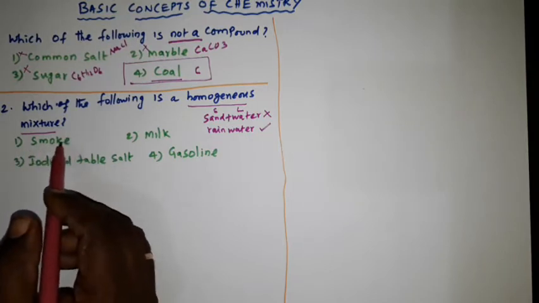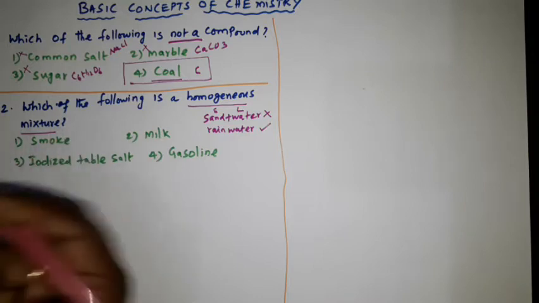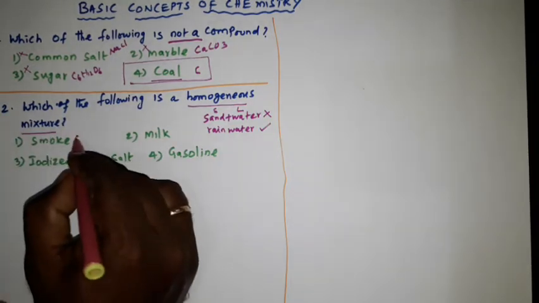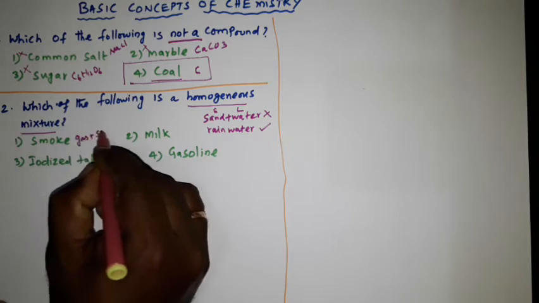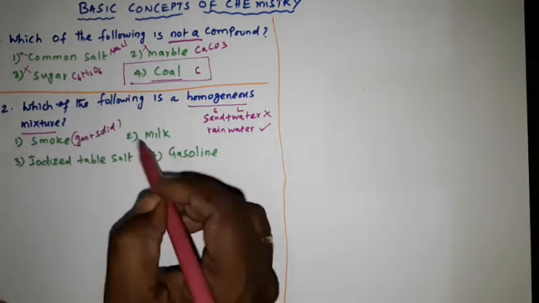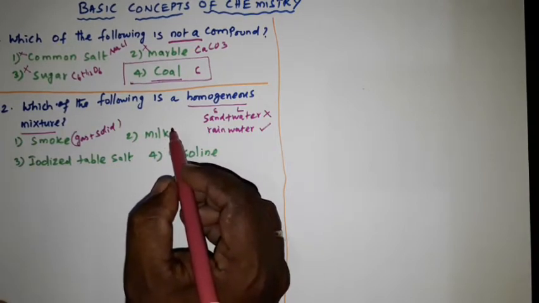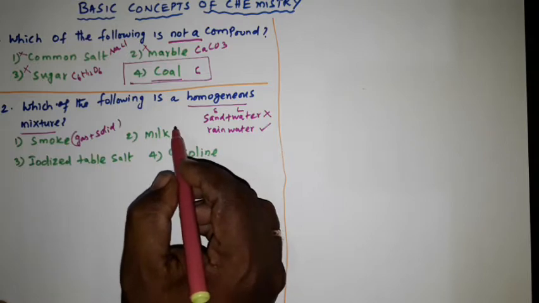First option, smoke. Smoke means a gas which contains some solid particles, so gas plus solid particles is smoke. Then the second one, milk. You can also see some undissolved solid particles in the milk.